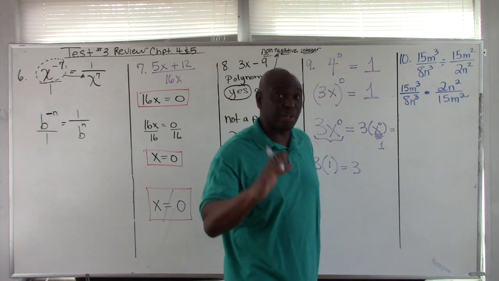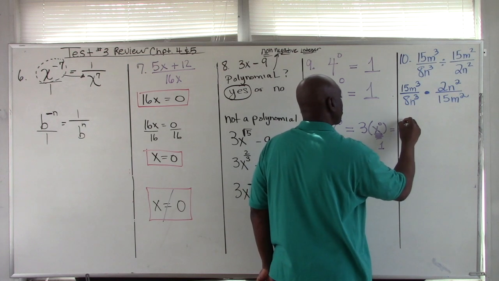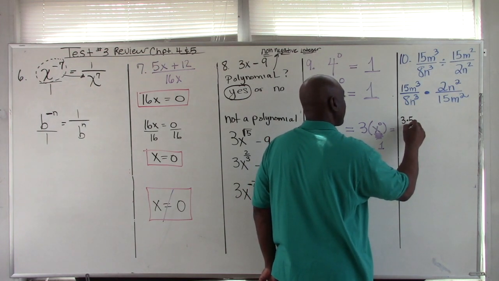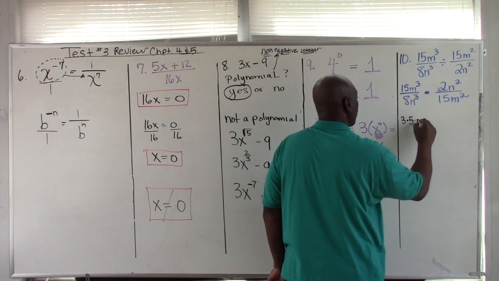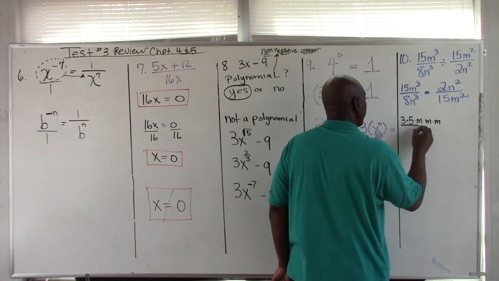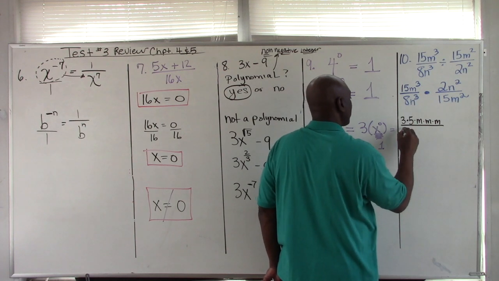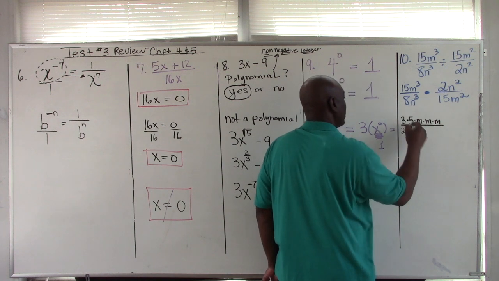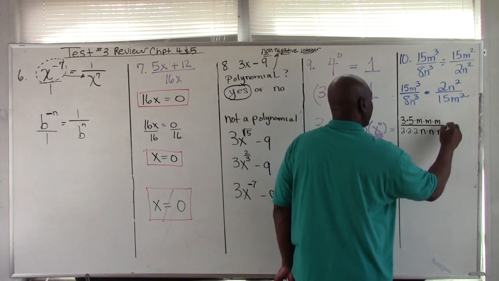When I say write it out, here's what I mean. 15 is 3 times 5, and I have 3 m's, 1, 2, 3, all over 8. And 8 is 2 times 2 times 2, and I have 3 n's, 1, 2, 3.